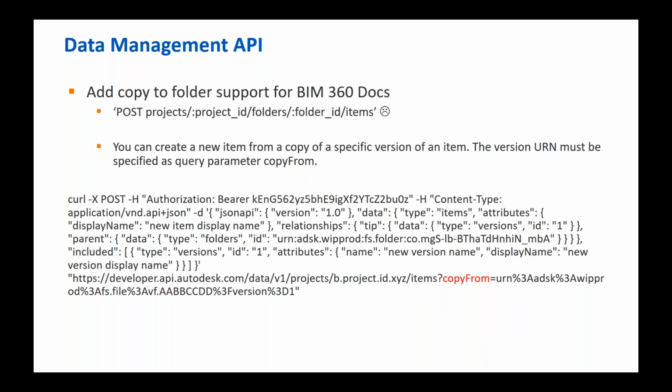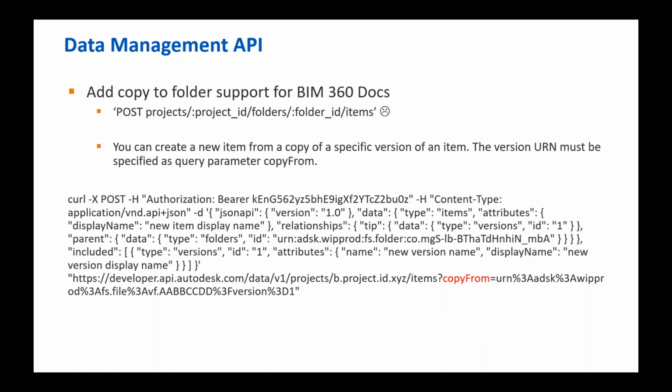When you upload a file, this is the exact same endpoint. But there is a new query parameter where you can specify from where you want to copy. And I highlighted again below on the curl example that you want to copy something into a specific folder with a name, etc.